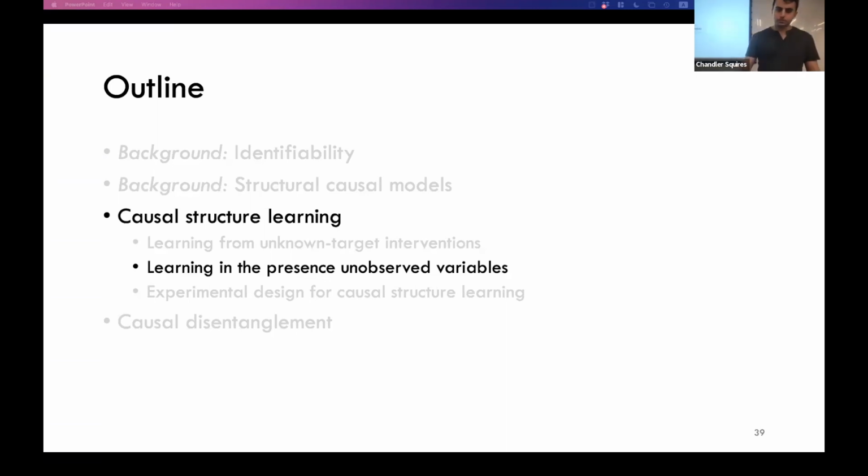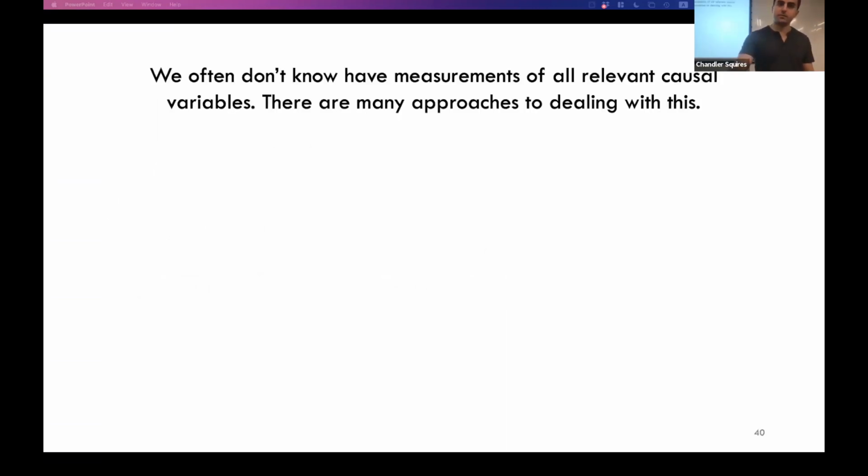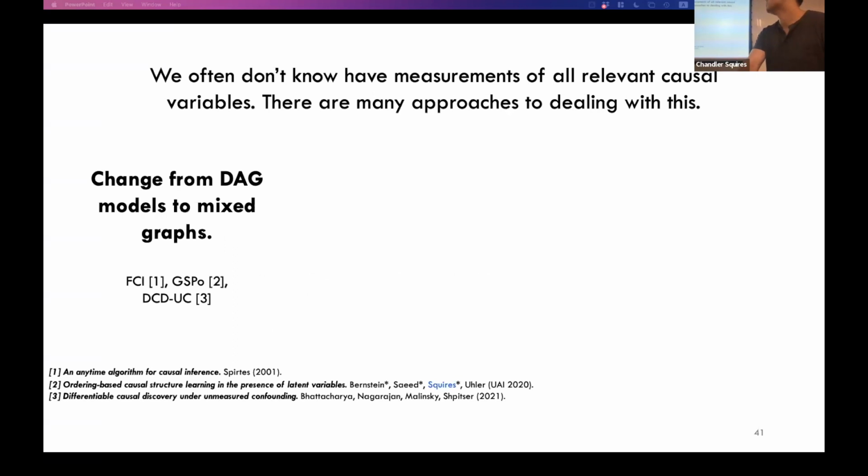So for learning in the presence of unobserved variables, a traditional missing data problem, we often don't have measurements of all of the relevant causal variables. There are many different approaches to dealing with this. Something I mentioned earlier on is that instead of using these DAG models, which implicitly assume that we observe all of the variables, we might switch to other types of graphical models. There's a bunch of different types of mixed graph models.